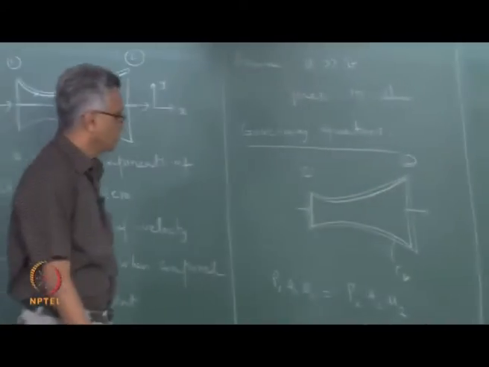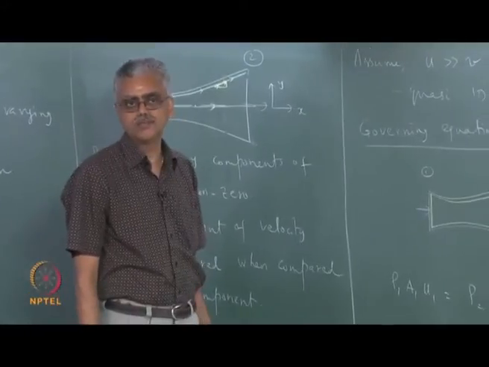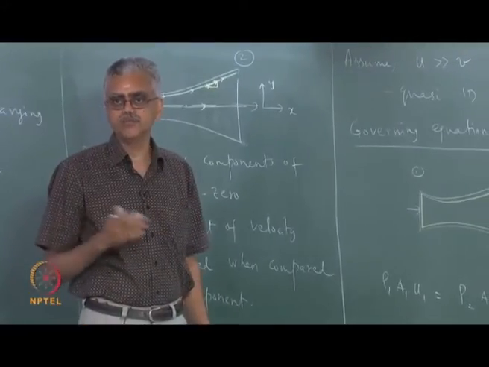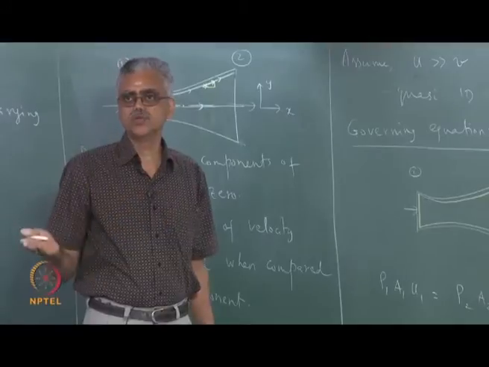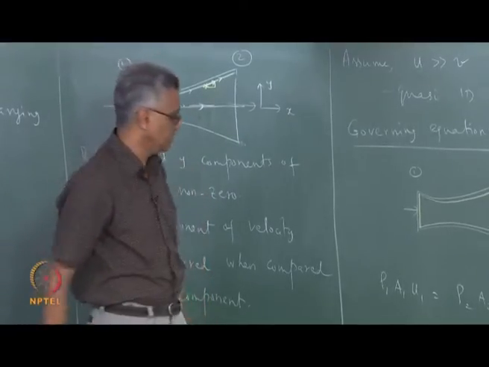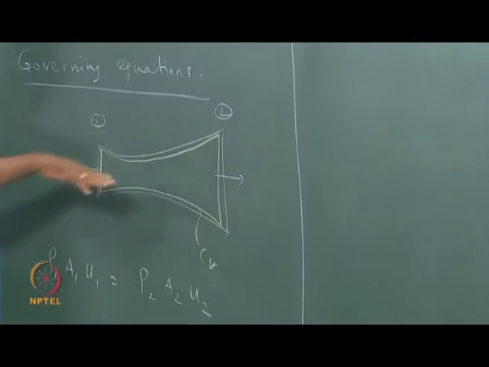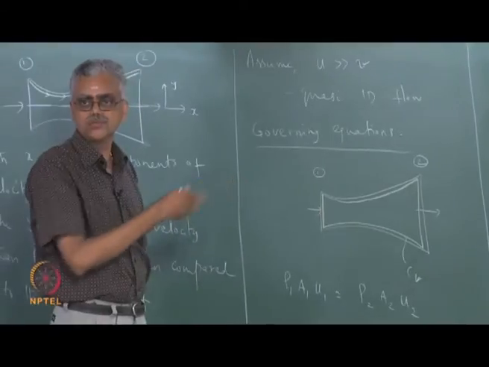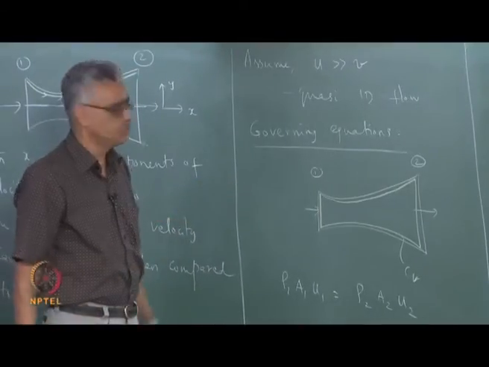Now, if I do a force balance on this control volume, force balance meaning rate of change of momentum of the fluid as it goes through the control volume should be equal to force exerted on the control volume. So, I have pressure forces which are acting on different parts of the control volume, fluid comes in and goes out. So, there is a change of momentum of the fluid as it comes in and goes out.